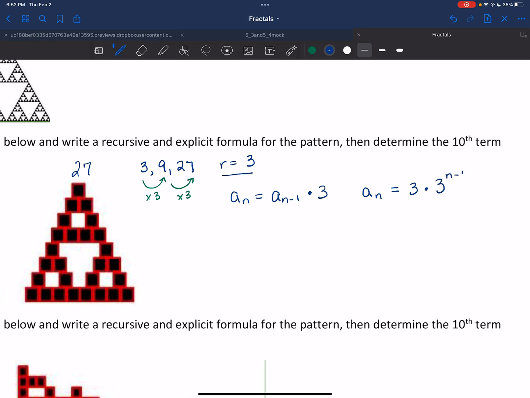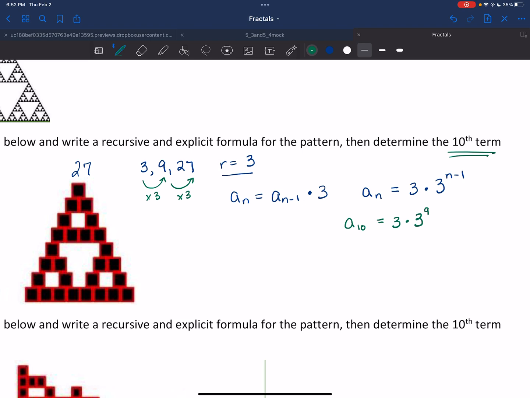And now it wants me to find the 10th term, and I'm going to have to grab my calculator here because I did not get this pre-done for you. So a_10 is going to equal 3 times 3 to the power of 9, right? 10 is my n, so I'm going to subtract 1 from it, so it's going to be 3 to the 9.